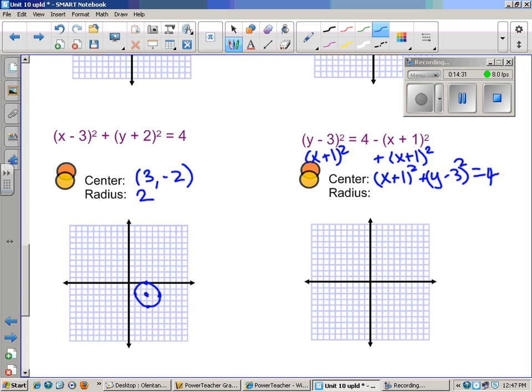Now it looks normal. So what's the center? Right, (-1, 3). And what's the radius? 2. So (-1, 3) is right there, and then up 2, left 2, down 2, right 2.